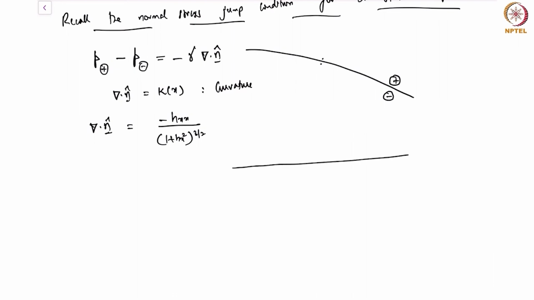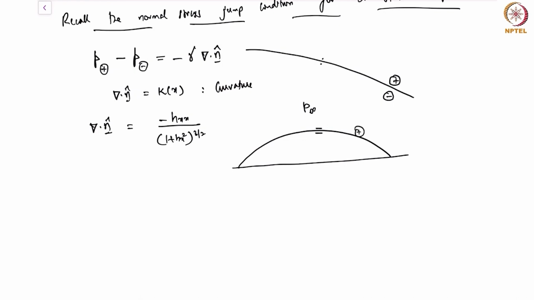Okay, let's apply this to the problem at hand. So we have a droplet like this. We'll say that the pressure above is P infinity. Okay, so we are interested in the pressure just a little above and just a little below.